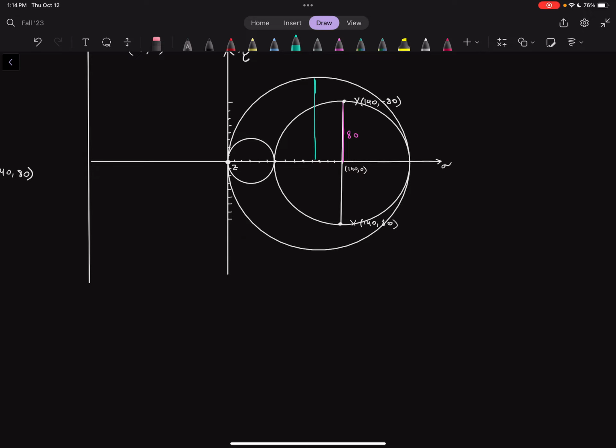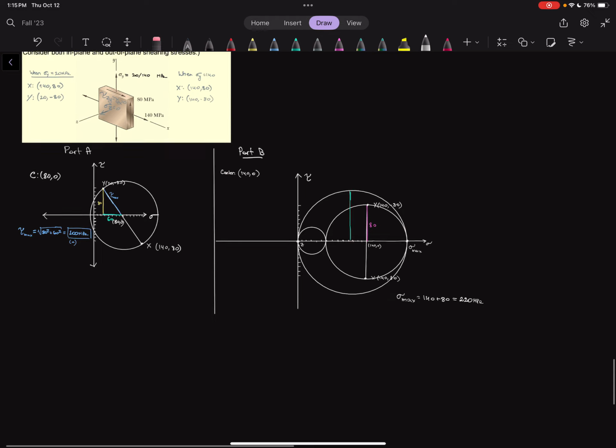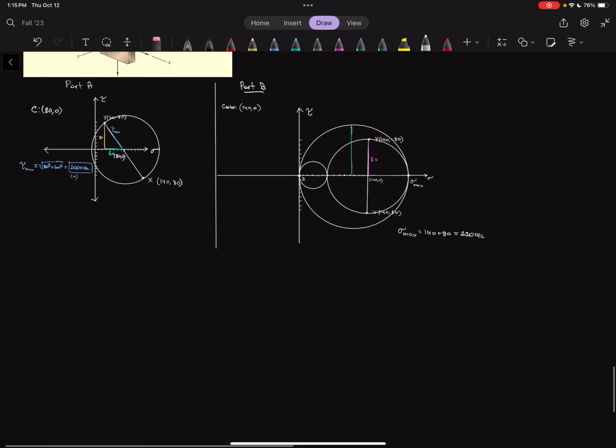And it's going to be what? Well, it's going to be sigma max, which is right here. So sigma max is going to be 140 plus 80, which is equal to 220 megapascals.